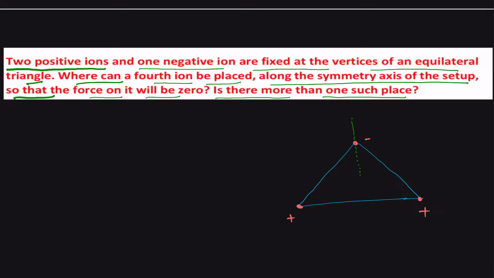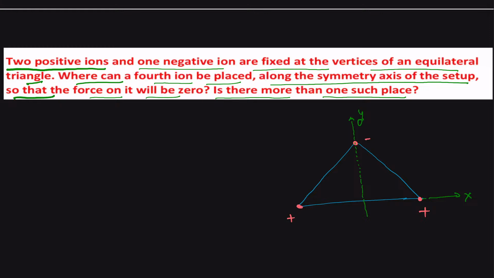So about the symmetric axis, let us suppose this is the x-axis and this is our y-axis, and we assume that this equilateral triangle is having a side length of a.